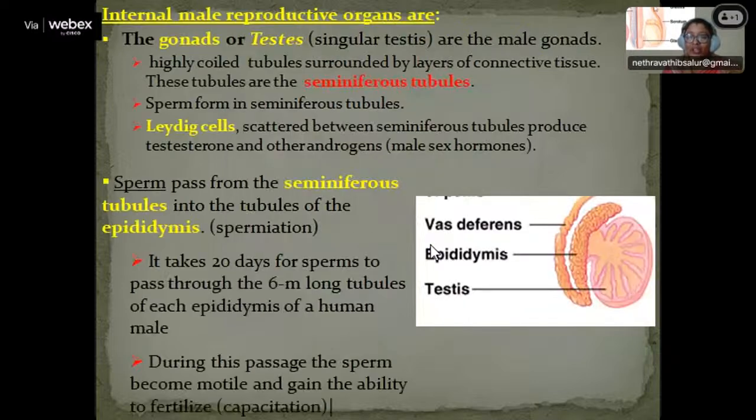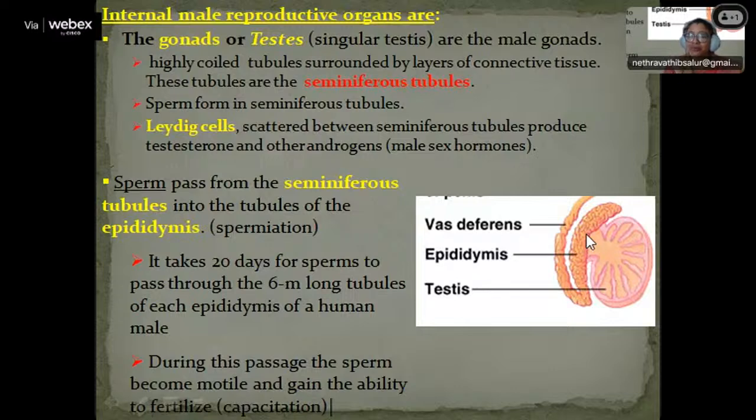Now, going on to the next slide, here you can see the overall view of the testis. The testis is made up of many coiled tubules called seminiferous tubules. These seminiferous tubules are millions in number, which produce the male gamete, that is the sperms.